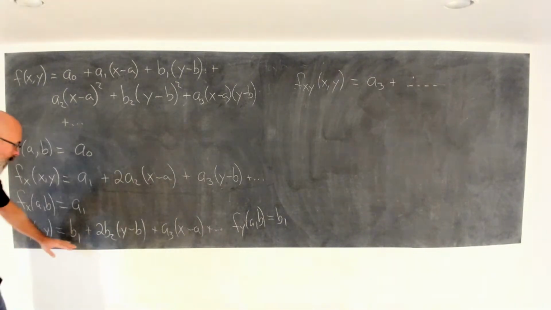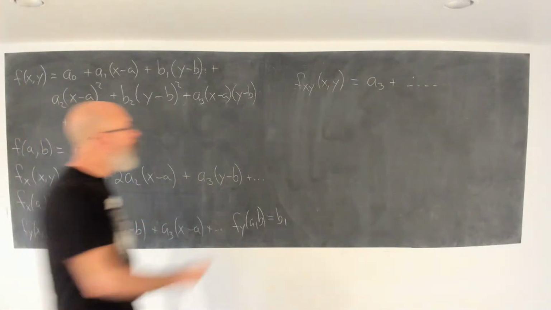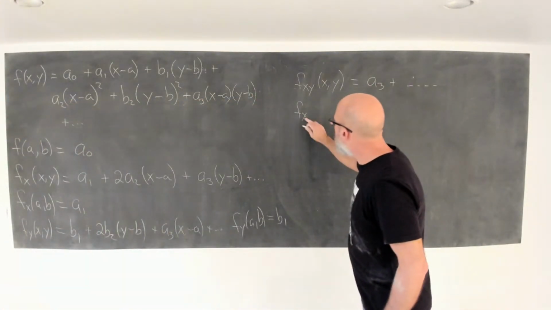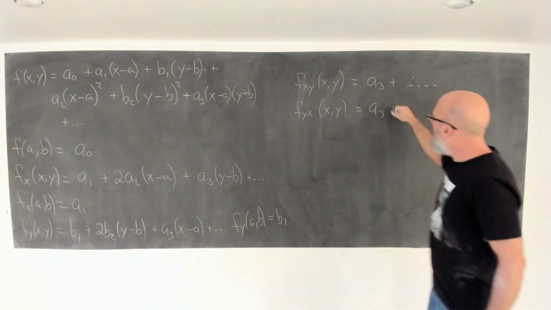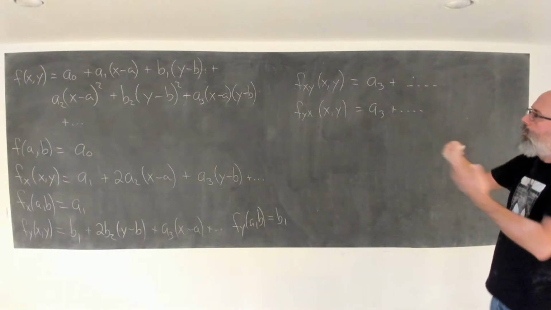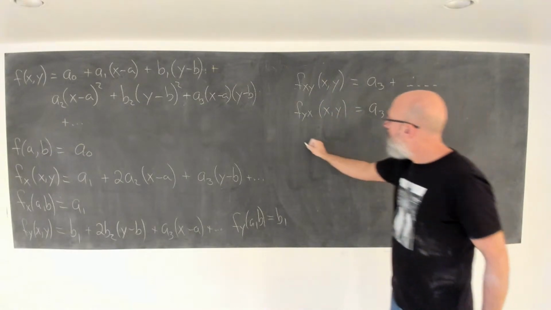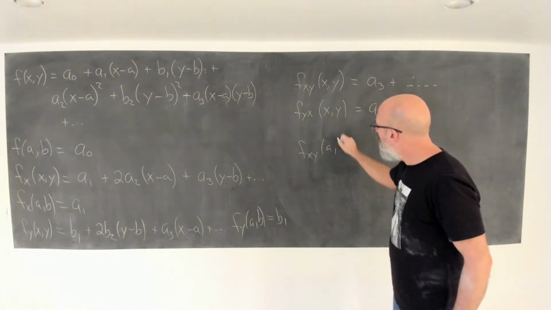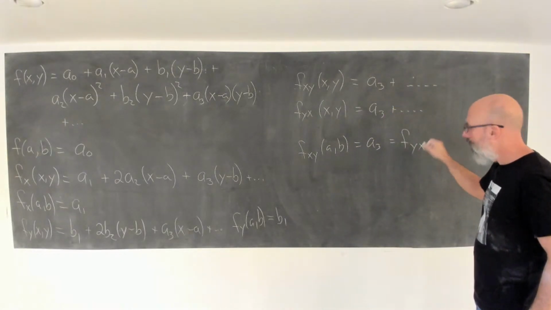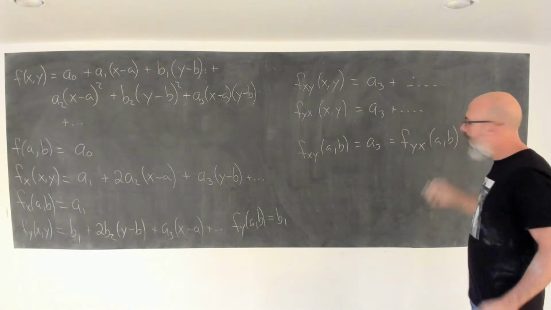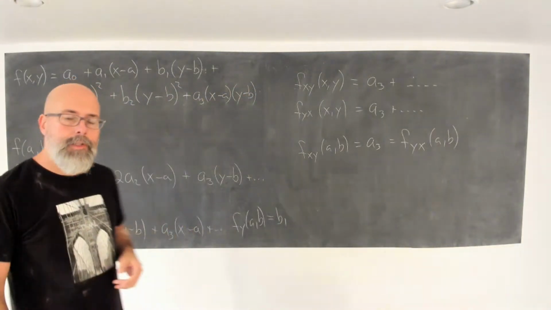Or if you differentiated this one with respect to x, you would also get A3 plus some other thing. So you see the underlying assumption is that fxy at (a, b) should be the same as fyx. In other words, you should have equality of the mixed partials at every single point.